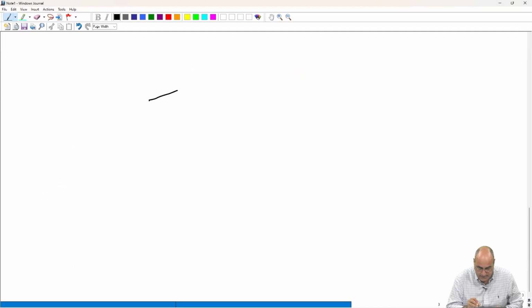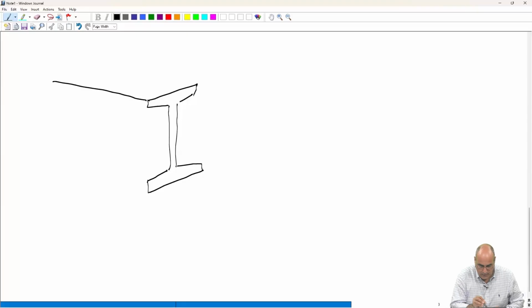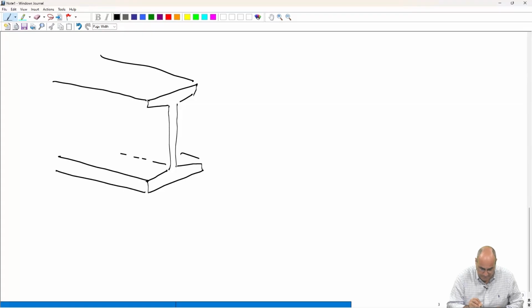Imagine that this same cross-section, okay, let's try to draw it a little like 3D.